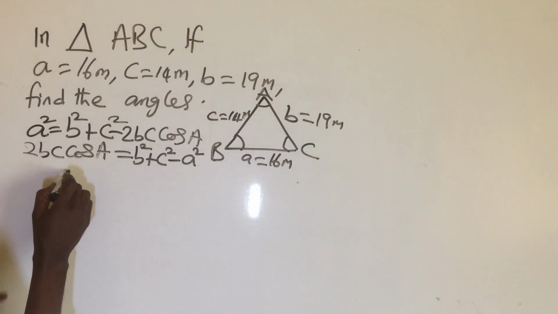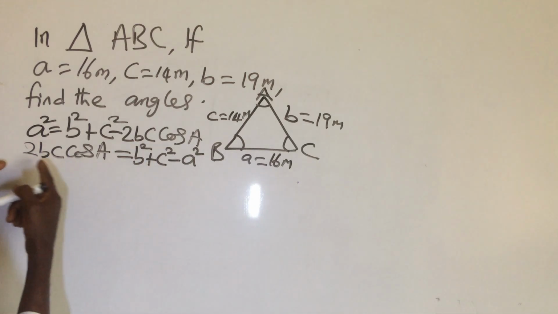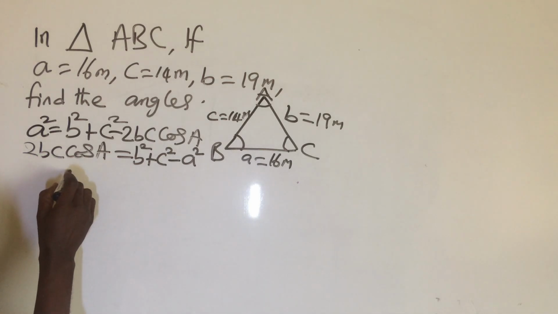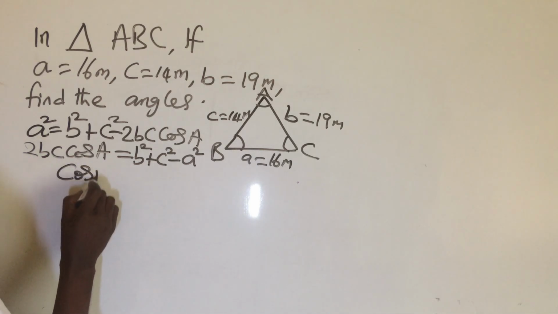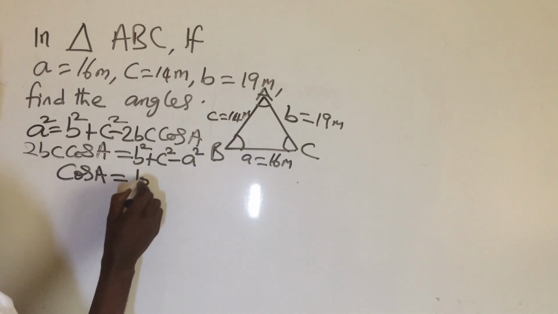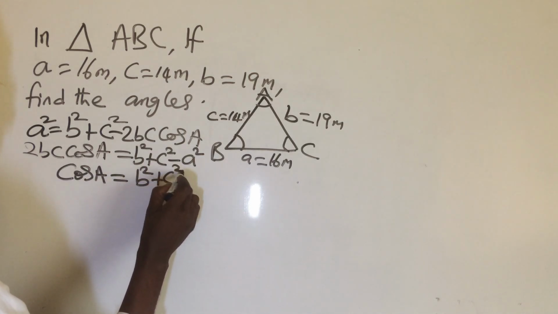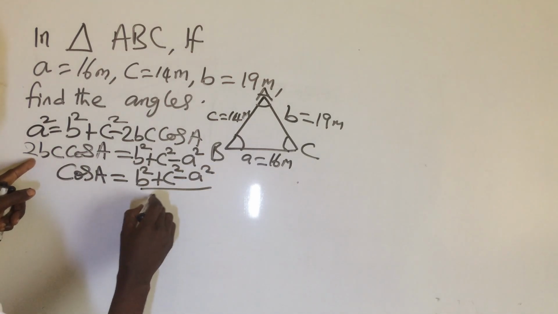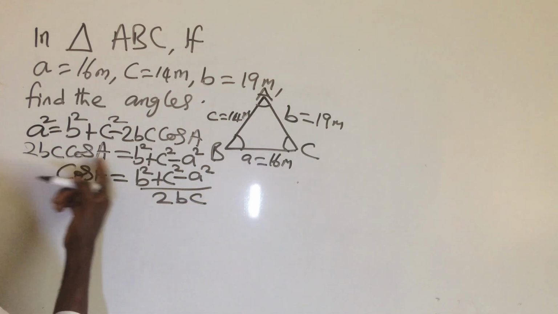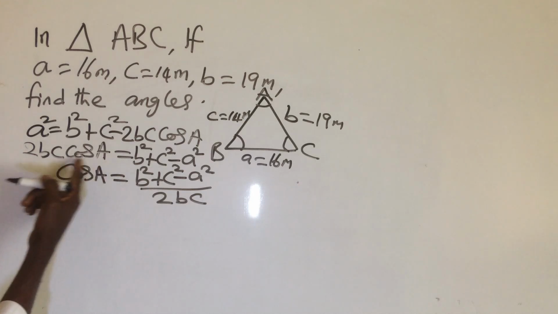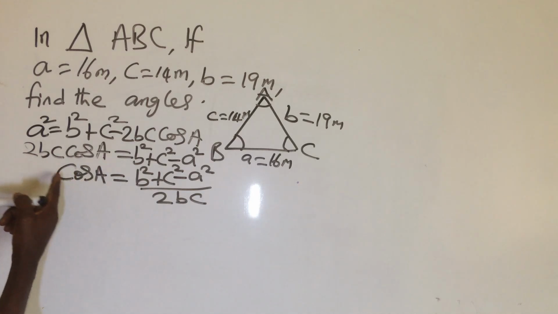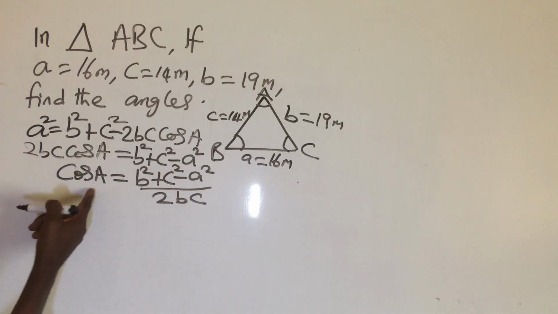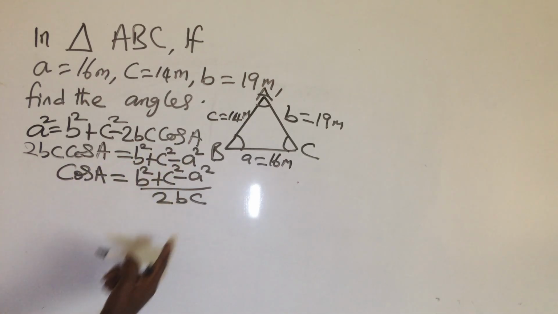Now making cos A the subject of the formula, I will divide both sides by 2bc, after which I will have cos A equals b squared plus c squared minus a squared all over 2bc. Because if I divide both sides by 2bc, the 2bc will cancel each other here, remaining only cos A. Then here will be all over 2bc.